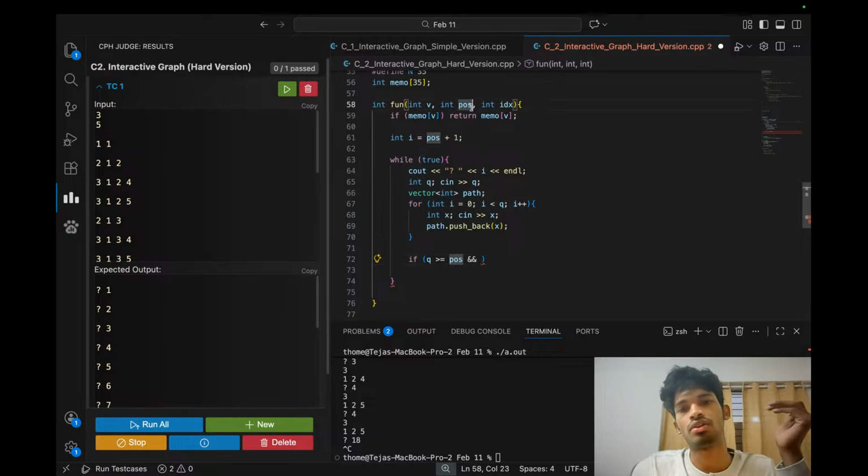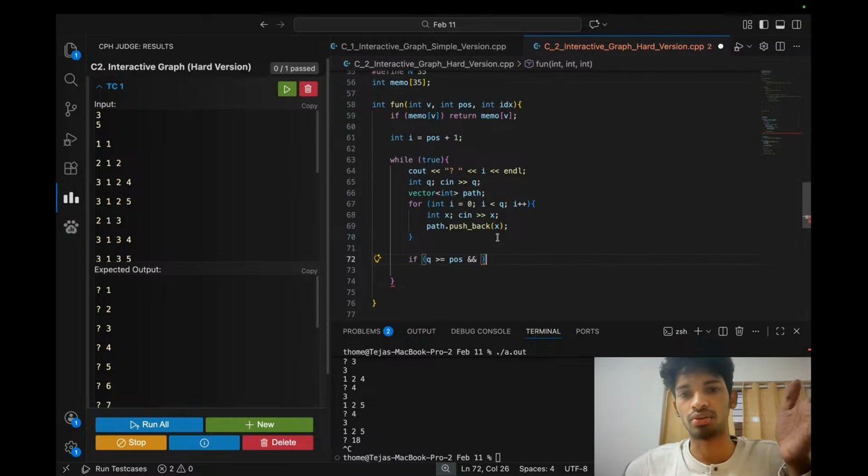Let's say you're not just index, I think you also want the prefix to verify this check, okay?